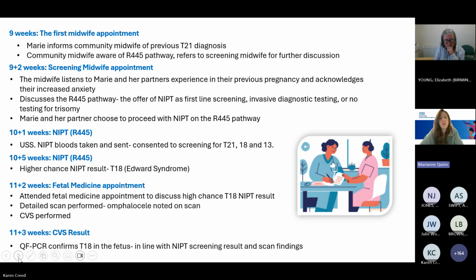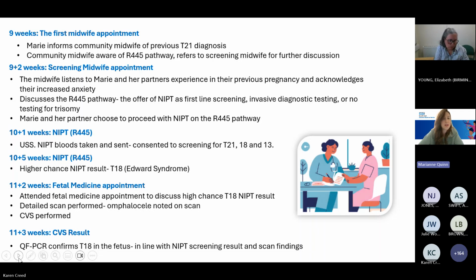So she is now pregnant again, and she books in with her midwife at 9 weeks, and the community midwife is aware of the R445 pathway, so she refers into the screening team for further discussion. Just after that appointment, she has a telephone appointment with her screening midwife who talks through the pathway and the options available, and Marie chooses to proceed with NIPT as a first-line screening test as per the R445 pathway.